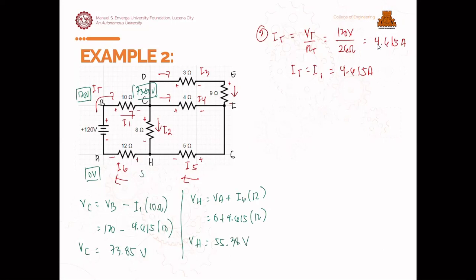Okay? So we have 55.38 volts at point H.